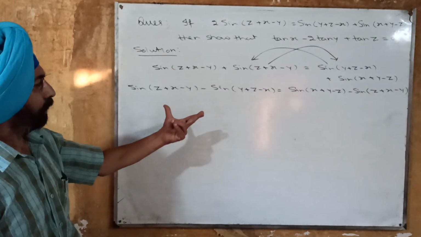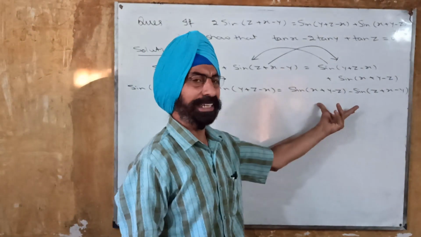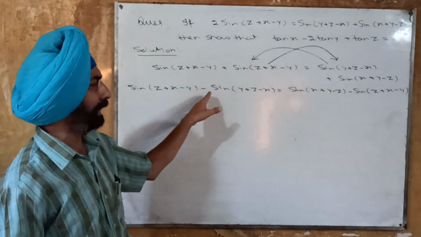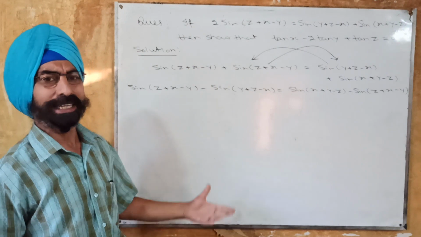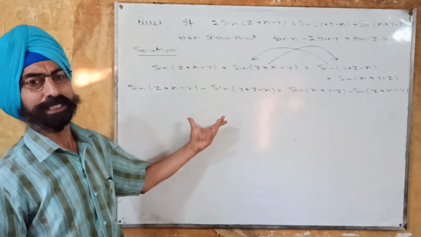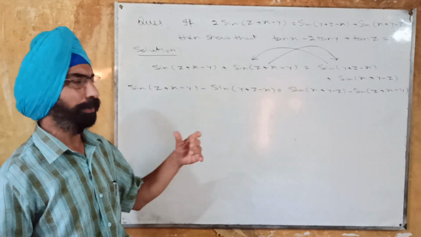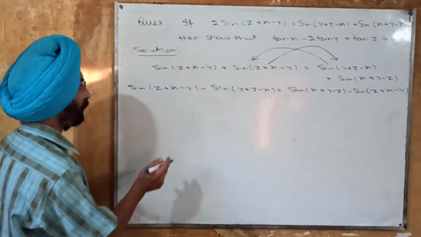Now left hand side as well as right hand side is sine c minus sine d. So the formula I can apply 2 cos c plus d by 2 sine c minus d by 2 on both the sides. So I am going to apply the formula.